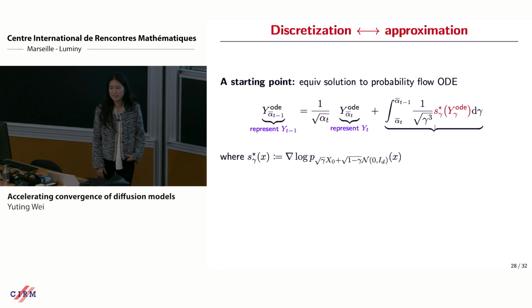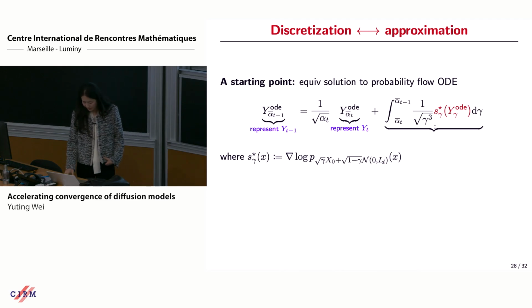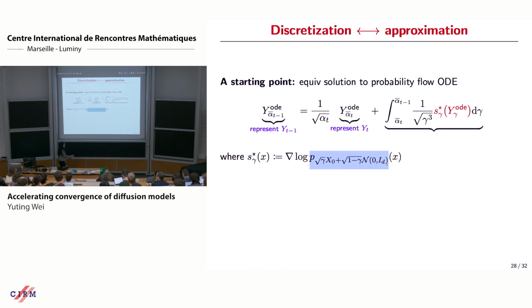Remember, the score function is just the gradient of the log density. So what is S star gamma? It is basically the score function corresponding to this continuous gamma, a continuous number between 0 and 1. It's just a linear combination of x0 and the Gaussian noise.